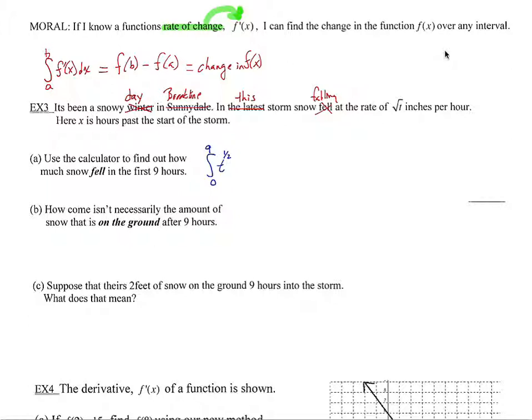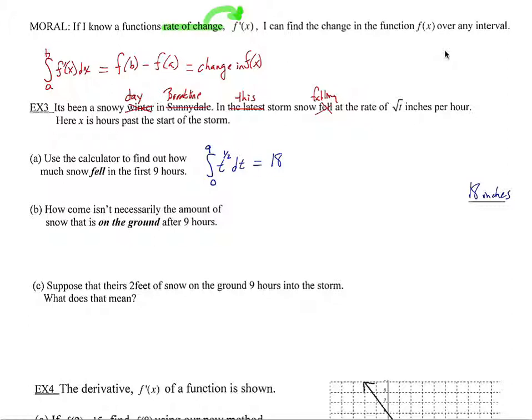So we're looking at that function, square root of t with respect to t, and if you do this on your calculator, put the square root of t, or t raised to the 1/2 power, into y1, and then do second calc and calculate the integral. You will find that you get an answer of 18 inches. So in the first 9 hours of the storm, 18 inches of snow fell.